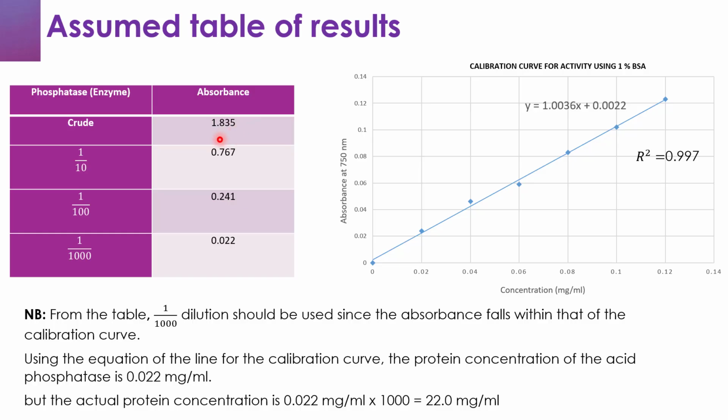Now, looking at the table over here, we can see that the absorbance value for the crude is 1.835, and it falls outside the absorbance values for the calibration curve. And that of the 1 in 10 dilution is 0.767, and that also falls outside the absorbance values here. And that of the 1 in 100 dilution is 0.241, and that also falls outside the absorbance values on the calibration curve.